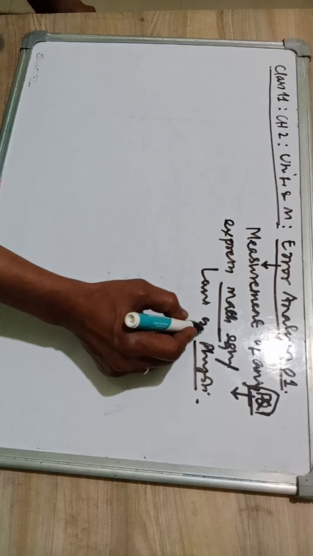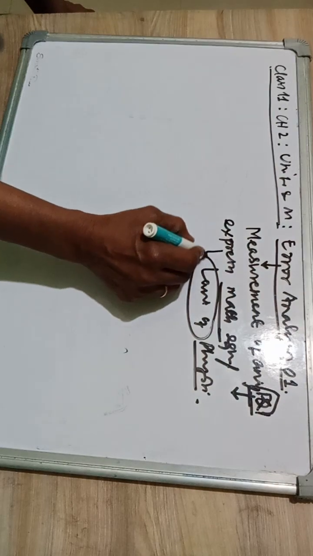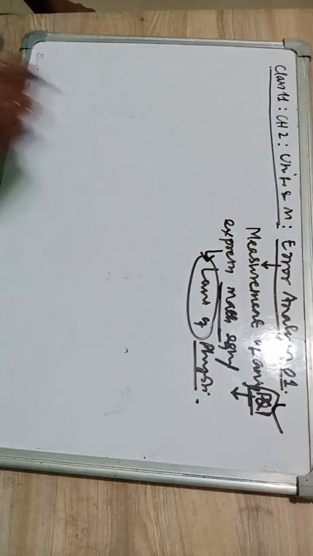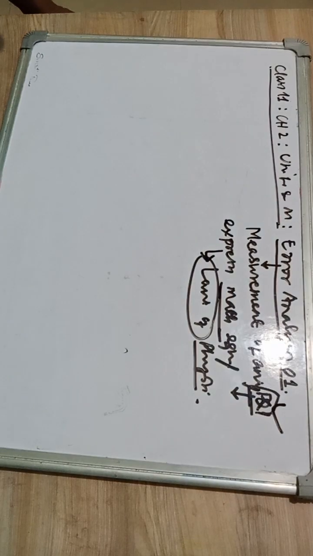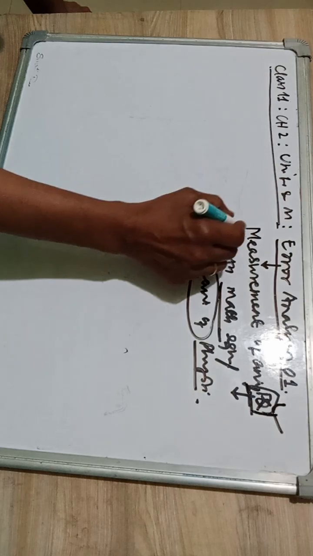To understand the physical world and its phenomena, we have found different laws. To express those laws in mathematical form, we use physical quantities. And this physical quantity should be measurable. We should be able to measure it.